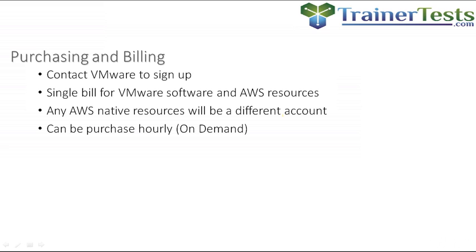Now, one of the things that I've heard there's a lot of confusion about is how do we actually go about purchasing VMware Cloud on AWS? Well, you've got some options that are going to be actually pretty familiar to you if you've worked with AWS in the past. So you can purchase hourly on-demand resources, which basically means you're going to choose the number of hosts that you want in your cluster, and you're going to pay for them per hour.